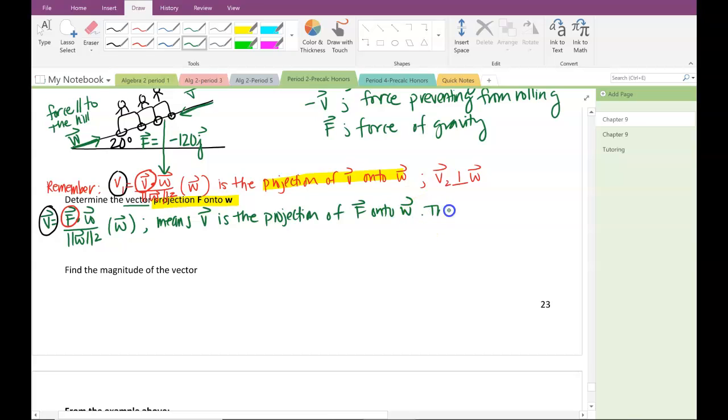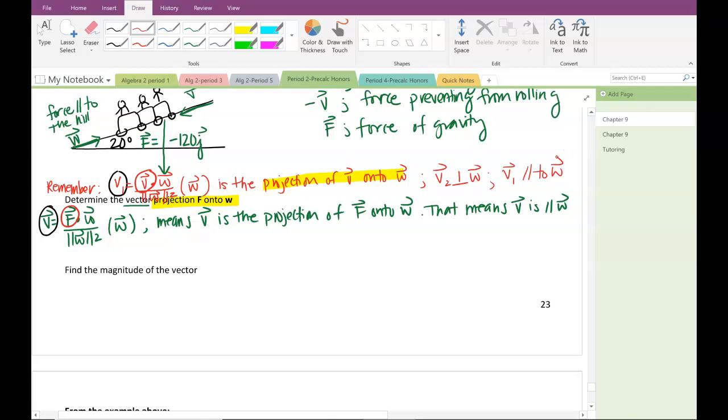That means vector V is parallel to W based on definition, right? And we can also find a perpendicular vector. Earlier when I wrote this down, I didn't write down that V1 was parallel to W. So maybe if I write that, that will make sense.